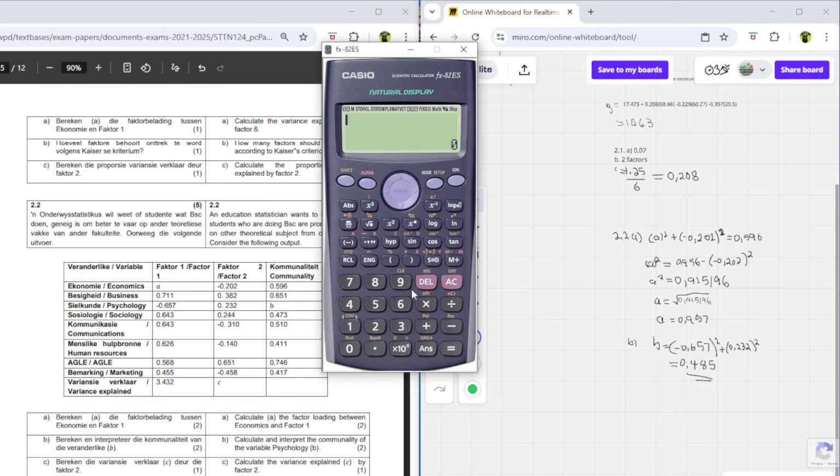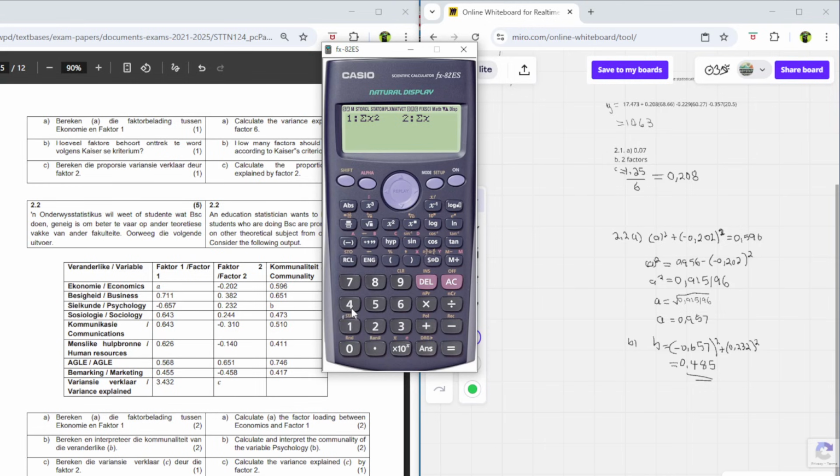Now when you're done, you press AC, then shift, then 1, and then you go to sum. Remember I said you must put this in brackets and you square them, and then you add them. Adding is summation in the calculator, so that's why we go to 4 for the sum.